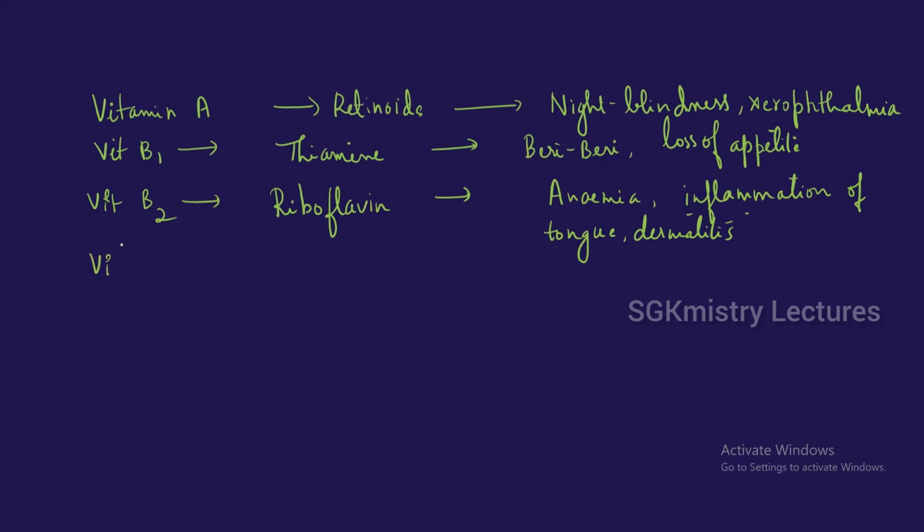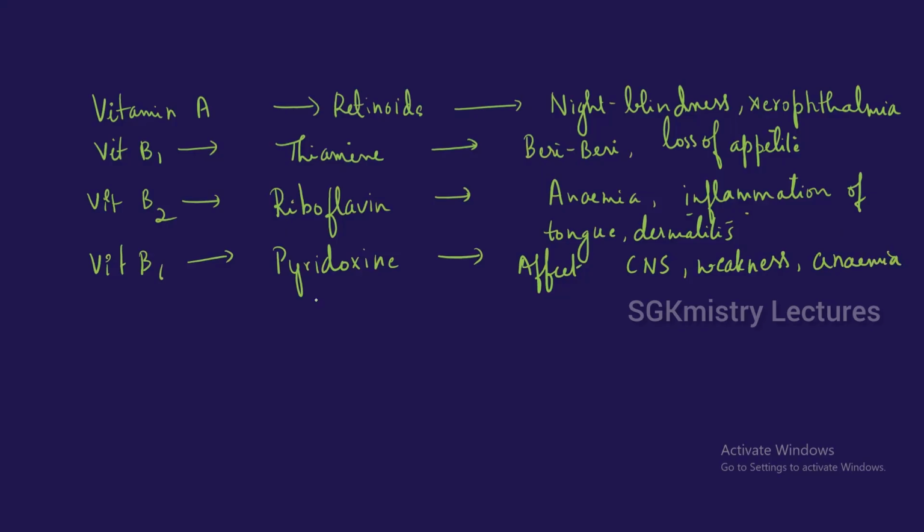Next, vitamin B6. It is called as pyridoxine. So suppose if the deficiency is there, then it will lead to affecting the central nervous system, and it may also cause weakness, anemia, okay. Next, vitamin B12.